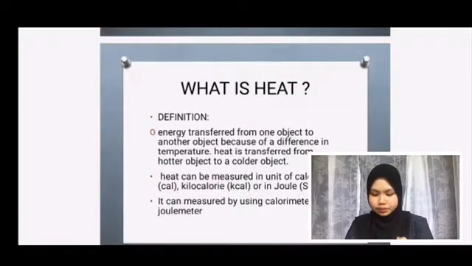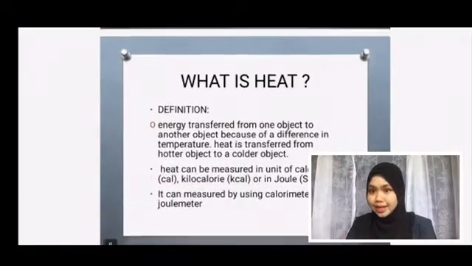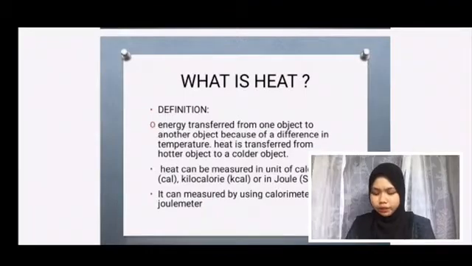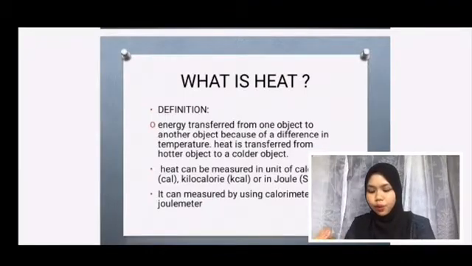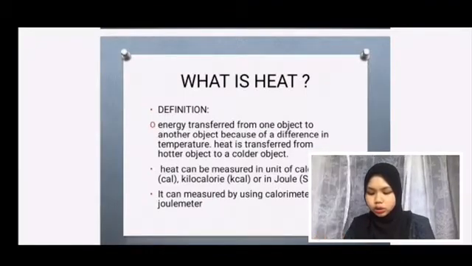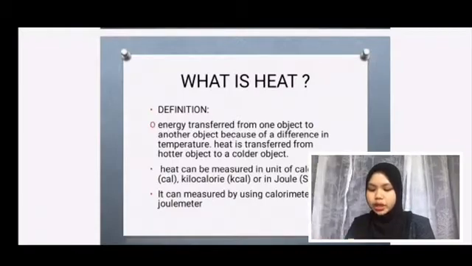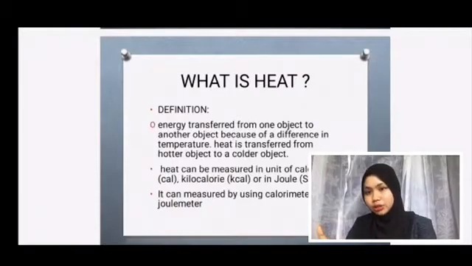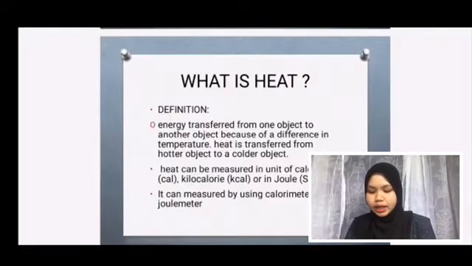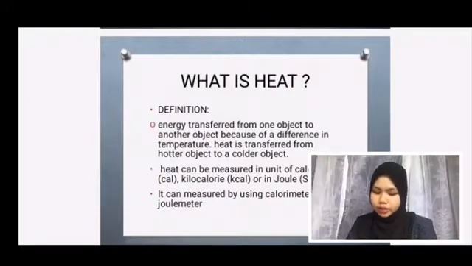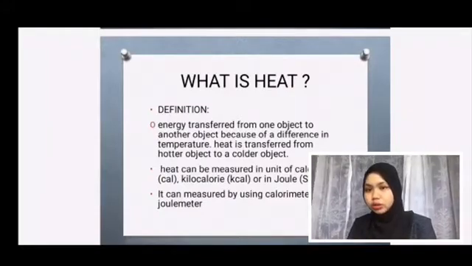So next, what is heat? The definition of heat is energy transferred from one object to another because of a difference in temperature, cool or hot. Heat is transferred from a hotter object to a colder object.